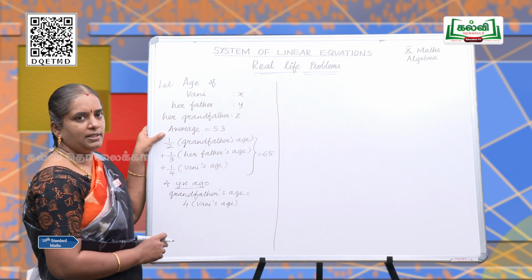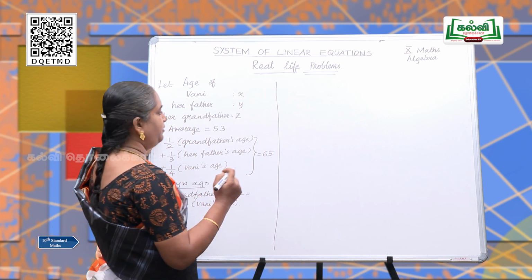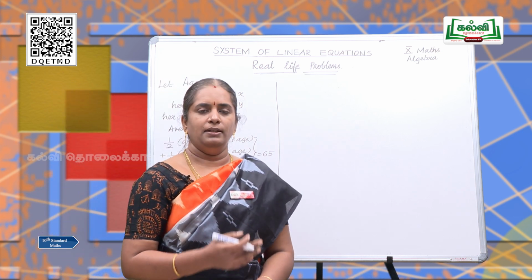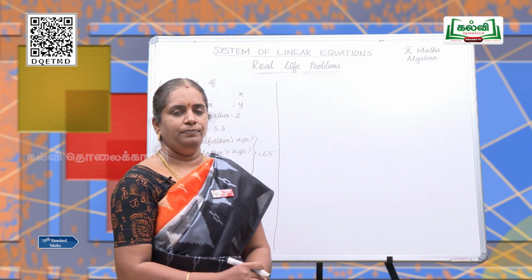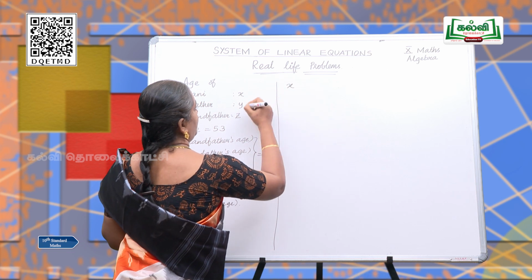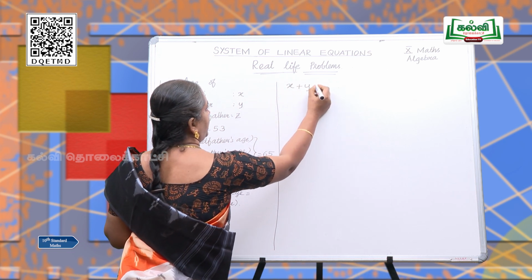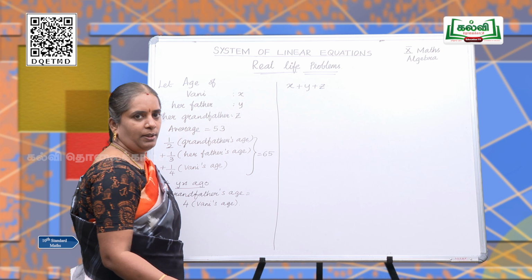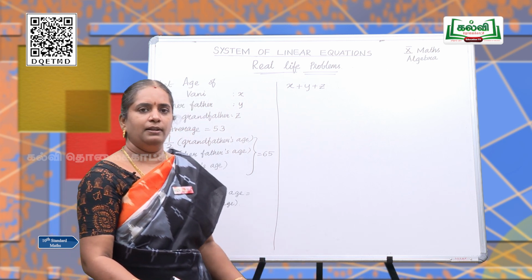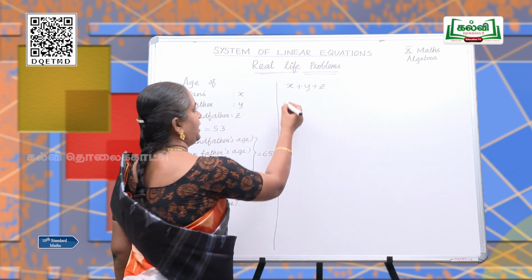So, using the first statement, average of the ages is 53. What do you mean by average? Average is nothing but sum divided by number. So, the ages are taken to be X, Y and Z. So, sum of the ages is X plus Y plus Z. Average means dividing this sum by number. So, how many people are taken?